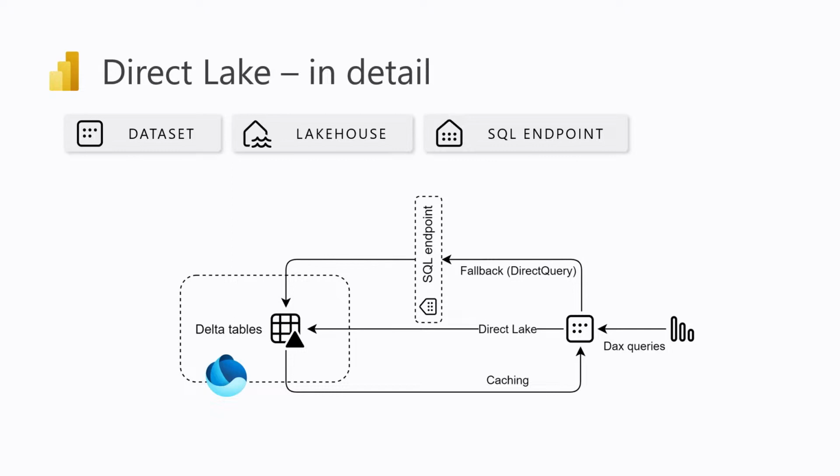But what happens with a Direct Lake connection is that it is then going to send a request to the OneLake itself, and it's going to fetch the data from the lakehouse. And since the lakehouse already has this standardized Delta format with Parquet files, it can actually just very quickly cache those files and pull them into the memory engine of Power BI or of Direct Lake.